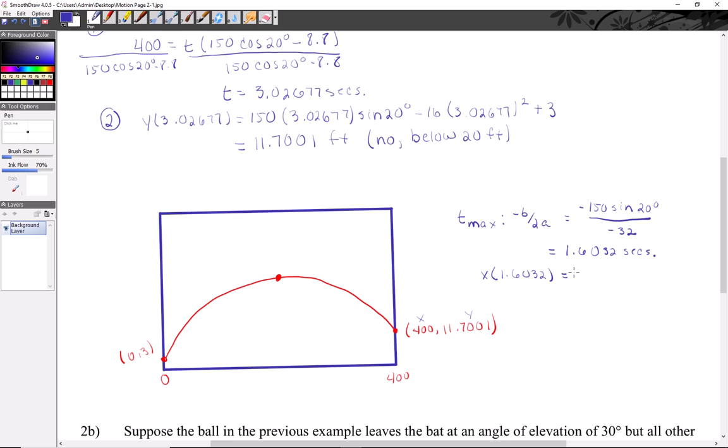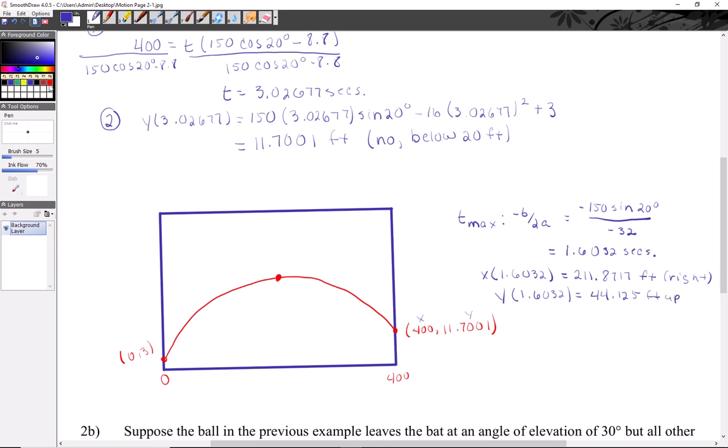So how about 211.8717? And that's feet to the right. And then if we do Y at that particular t, 1.6032, then we'll get that value I had before, 44.125 feet up.